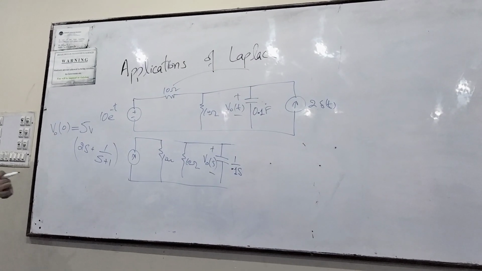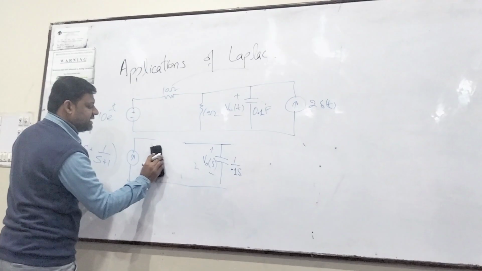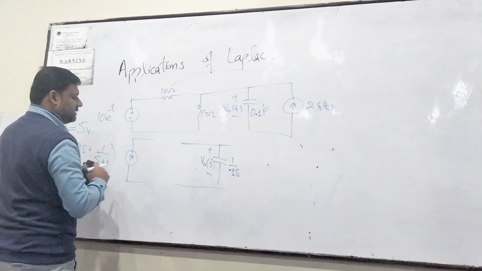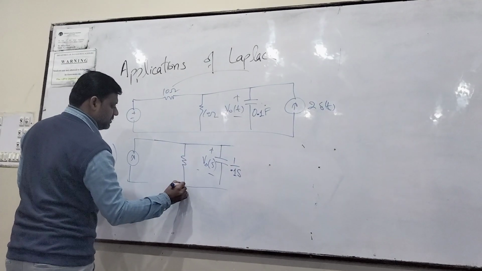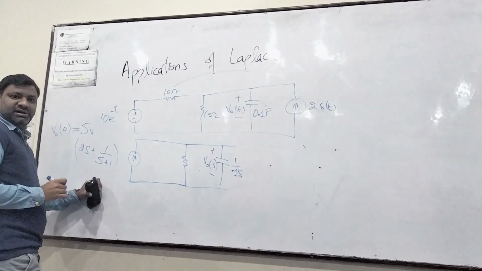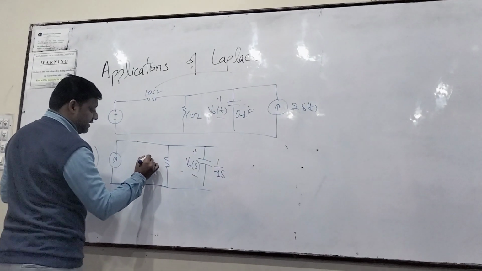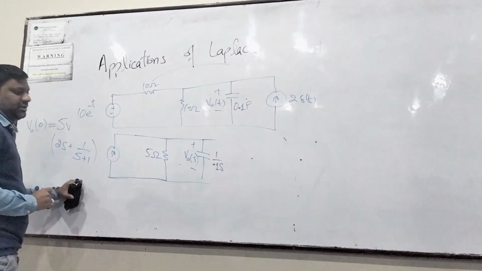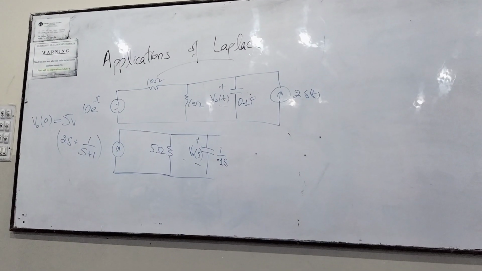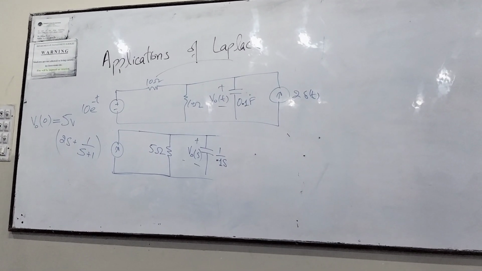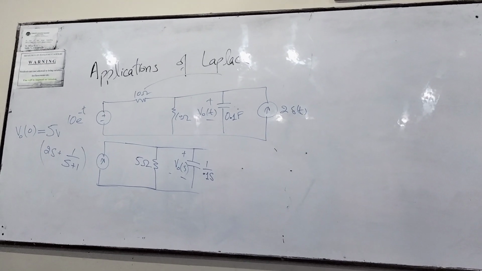Similarly, I can combine these 2 resistors: 10, 10, 100 divided by 20, 5. All set to apply the current divider.